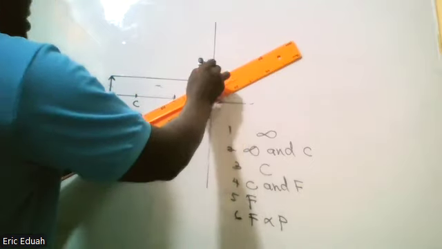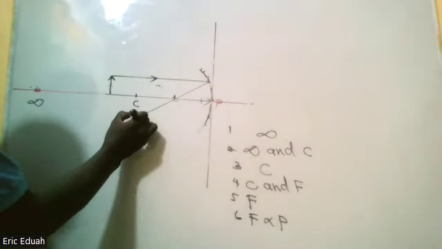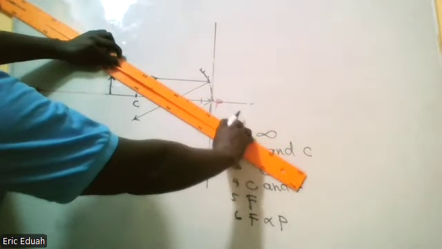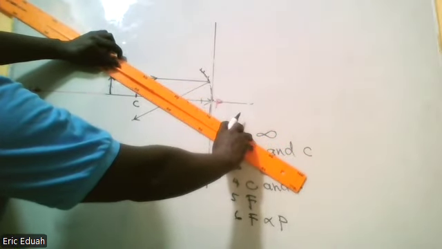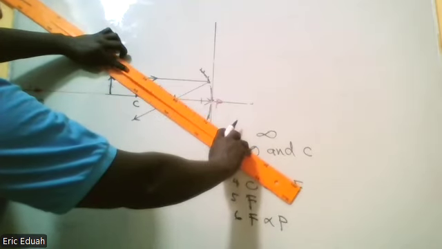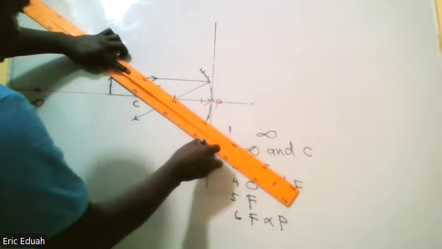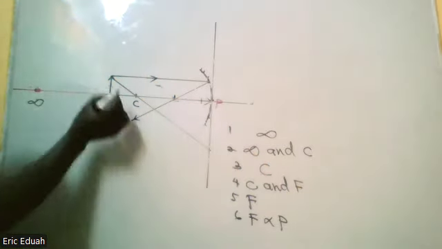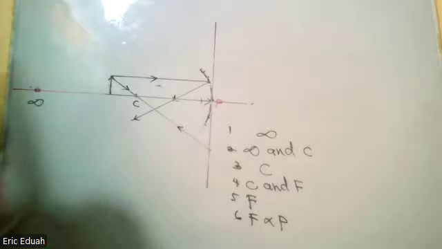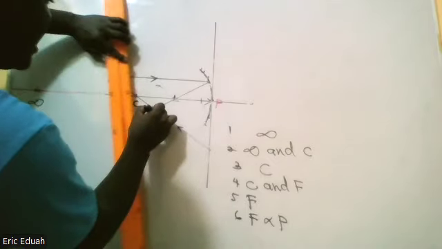In case you forgot it. So incident, reflecting, then a ray of light hitting the mirror at 90 degrees reflects along the same direction and passes through the center of curvature. So incident, reflecting, and the reflected rays intersect here.